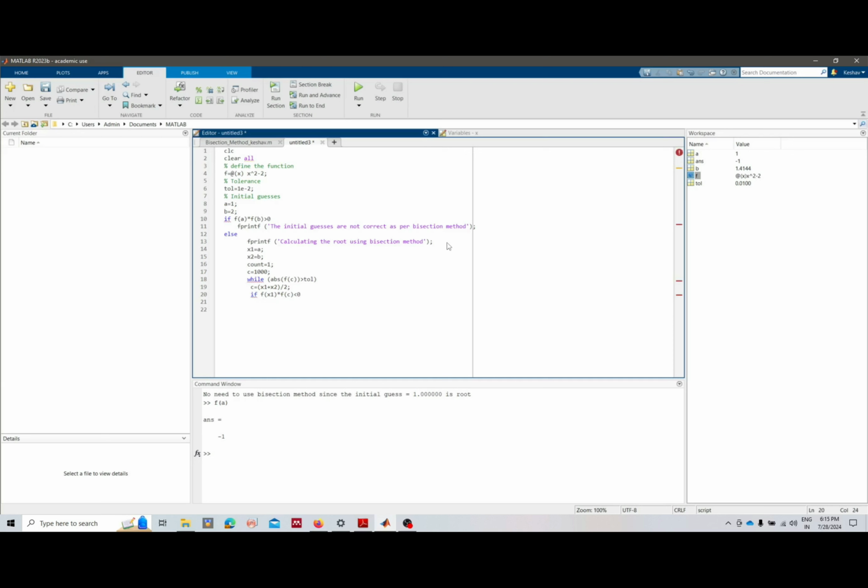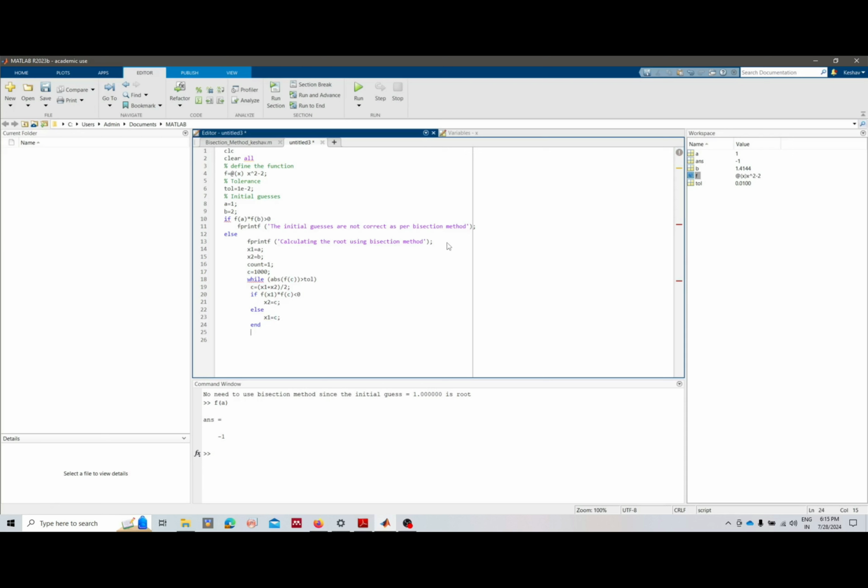If it is negative, it means the opposite sign, so the other variable needs to be replaced. So x2 will be replaced by C. Else, x1 will be equal to C. Okay.